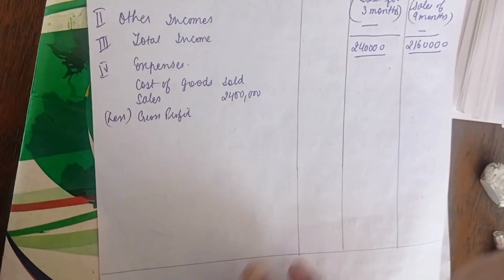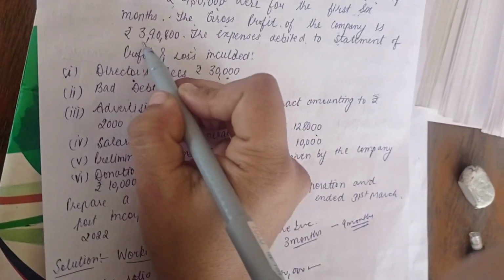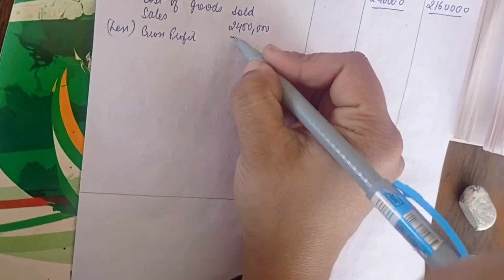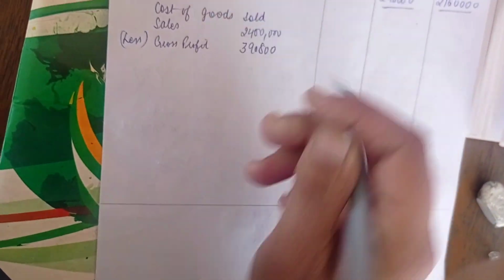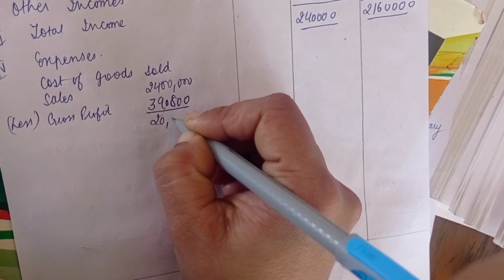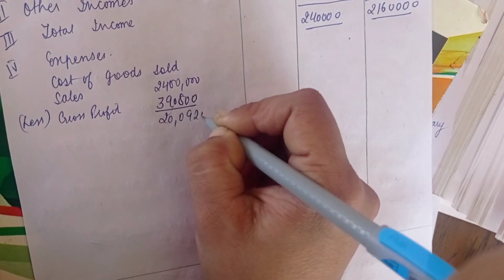Gross profit is given in the question, in the statement, 3,90,800 rupees. Answer is 20,09,200. Right?